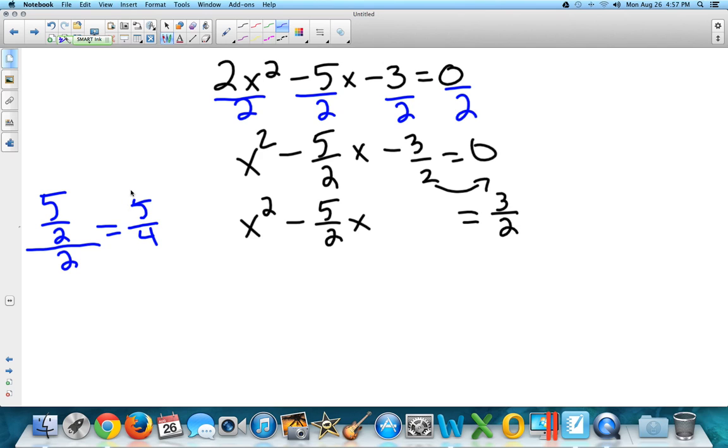Just like my last example, I'm going to square this number, and that's going to get me 25 over 16. So I'll add 25 over 16 to both sides.